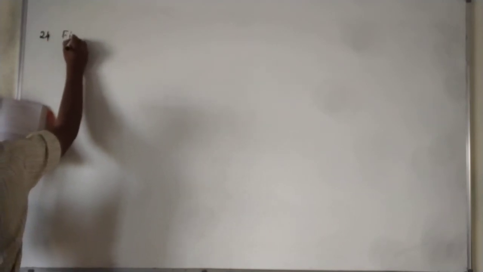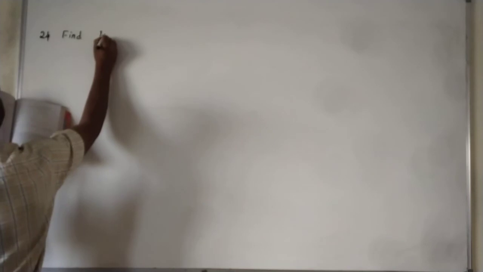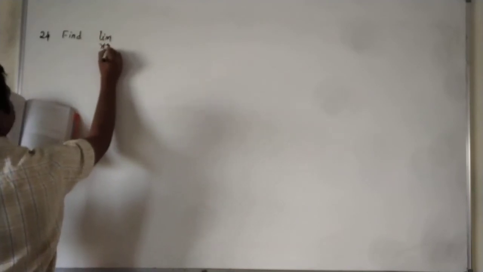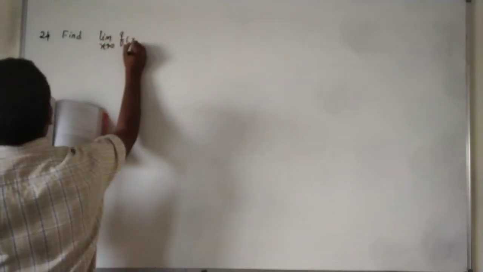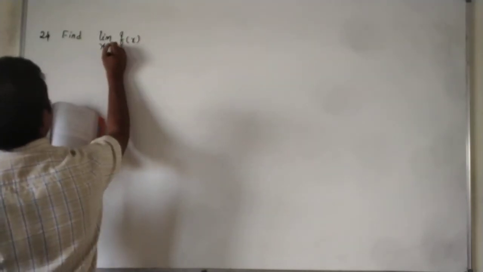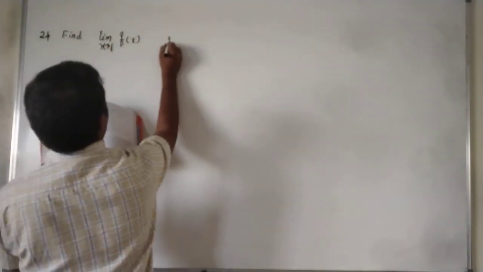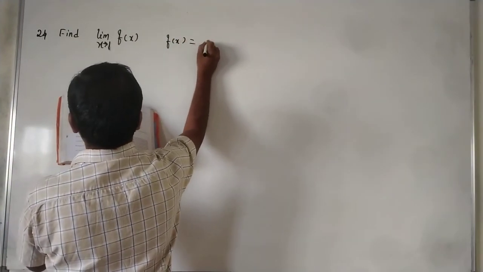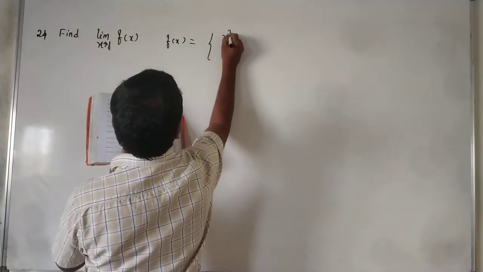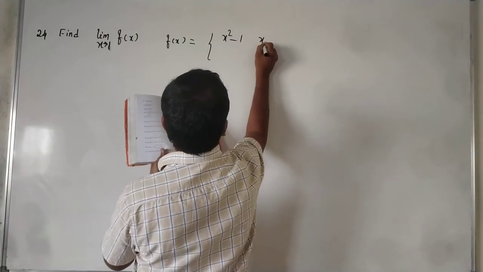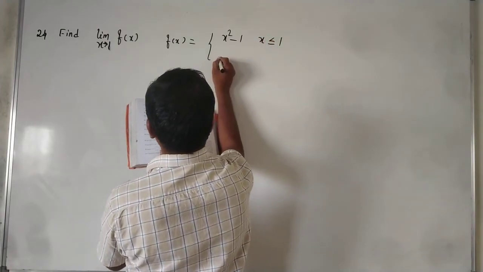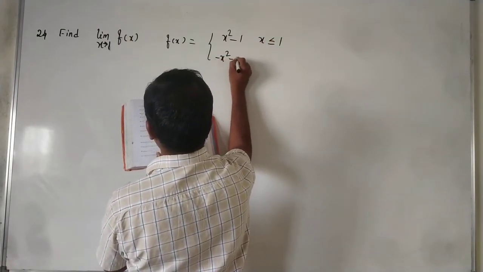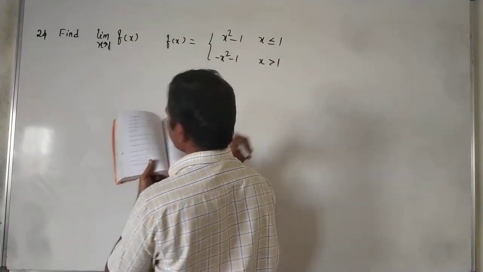Find the limit as x tends to 1 of f of x, where f of x is given as x square minus 1 for x less than or equal to 1, and minus x square minus 1 where x is greater than 1.